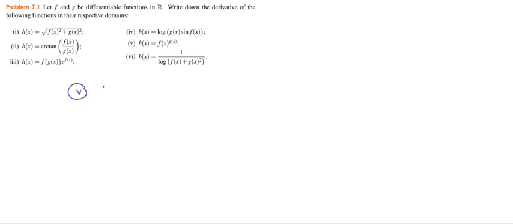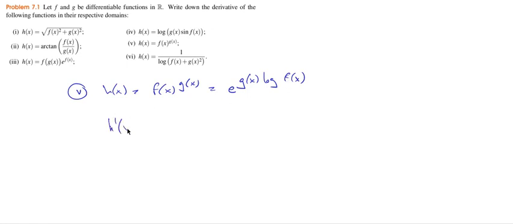So now 5, we have h is f to the g. In order to do this, we need to write it as e to the g log of f, because otherwise we're going to mess up.